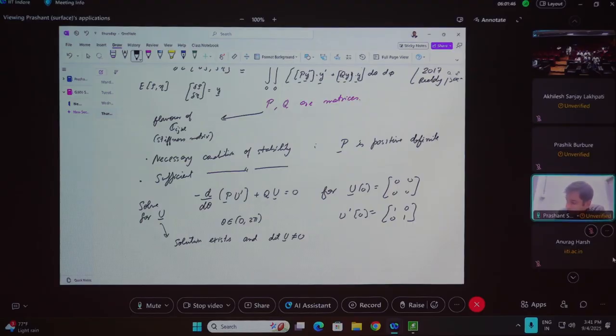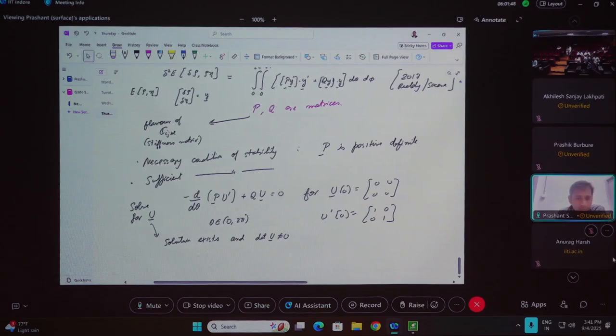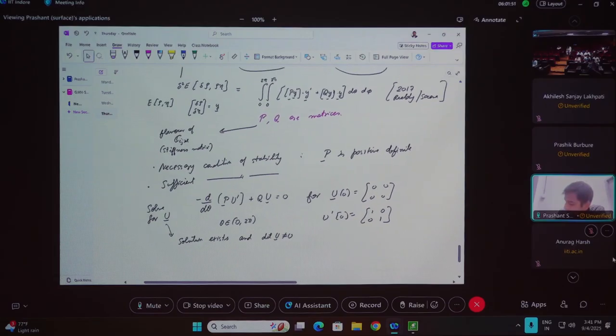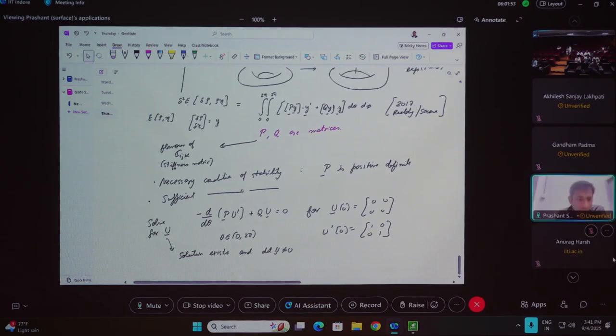Now you can ask me, what the hell is this and where does it come from? It's such a crazy kind of mathematical condition, but this is from the deep areas of calculus of variations. It's coming from some mathematical theorems, and if you have been working in the field of elasticity or solid mechanics, you might have seen this necessary condition come into the picture in many different flavors.